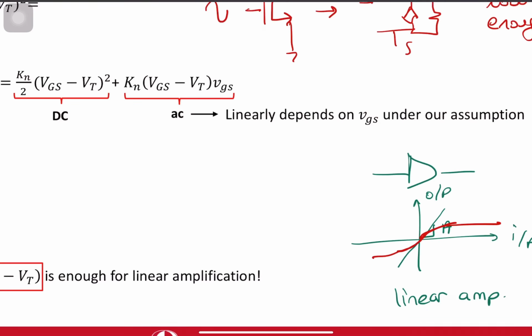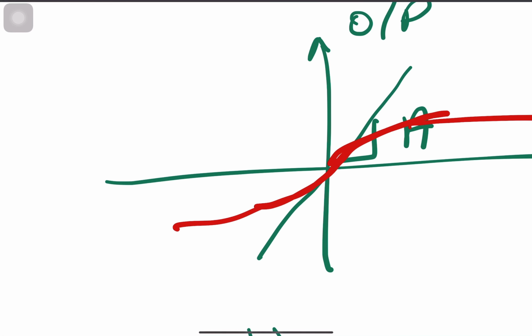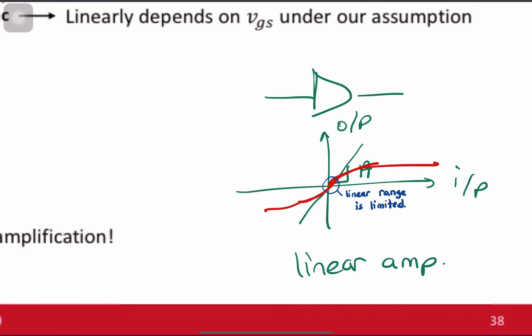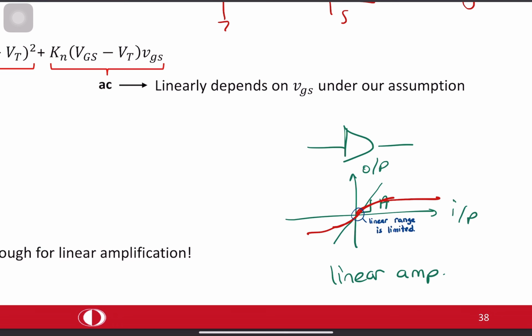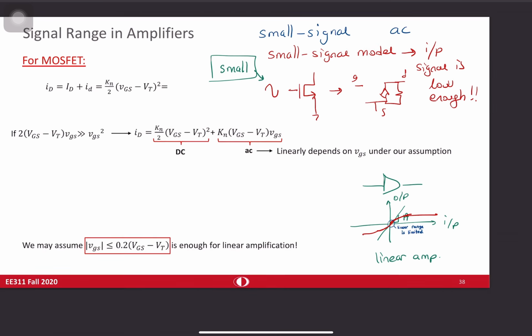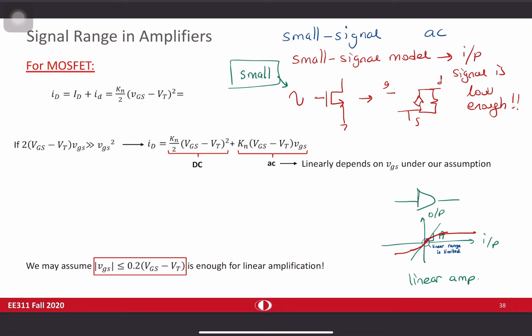If you zoom in, the linear range is limited. So small signal definition is coming from there. We are looking for that very small linear range where your amplifier operates like a linear amplifier.